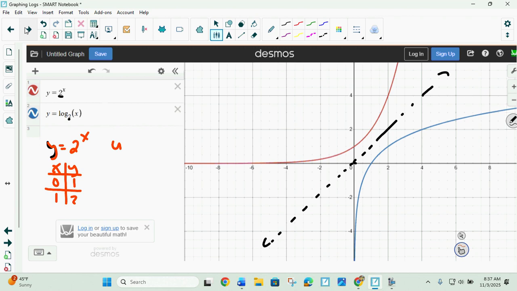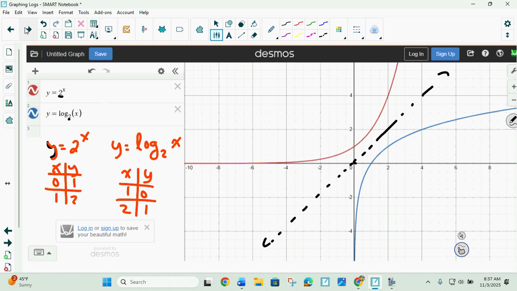What do we know about the tables of inverses? We've seen inverses quite a few times, and we know that their tables are flipped. And so this is the little shortcut we're going to use. When we see log base 2, it's really hard to make a table because we're like, log base 2 of 1.